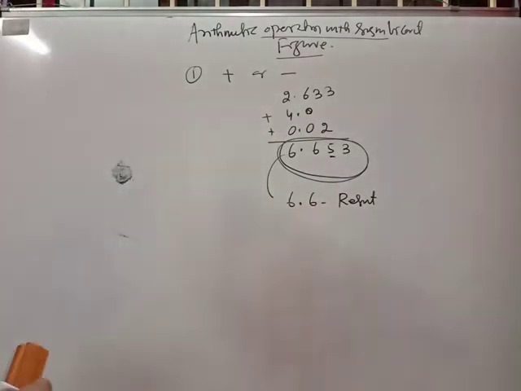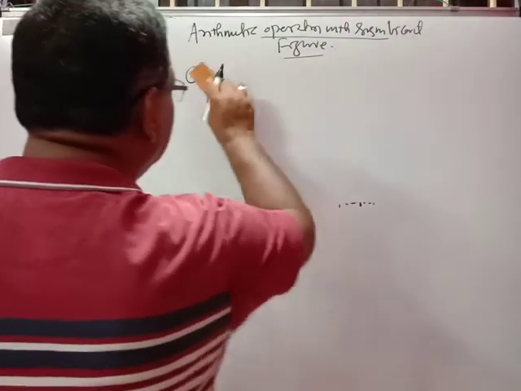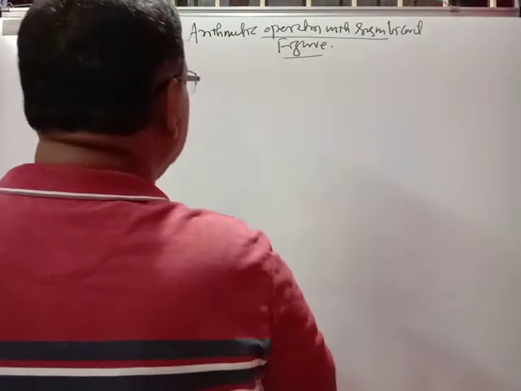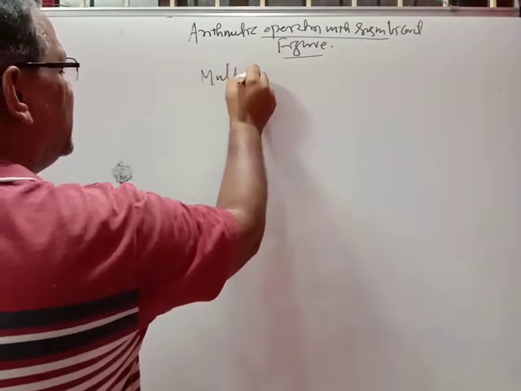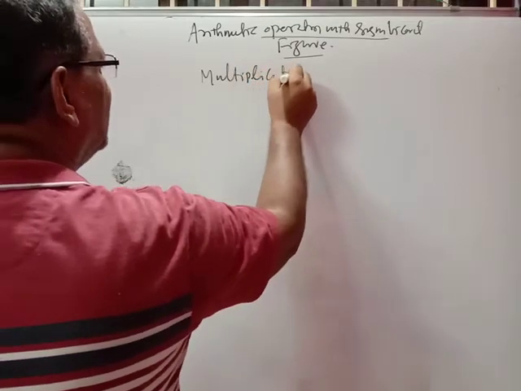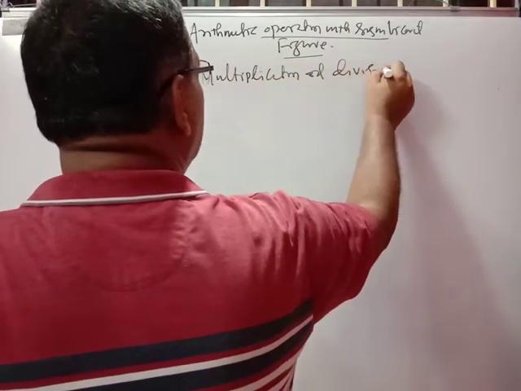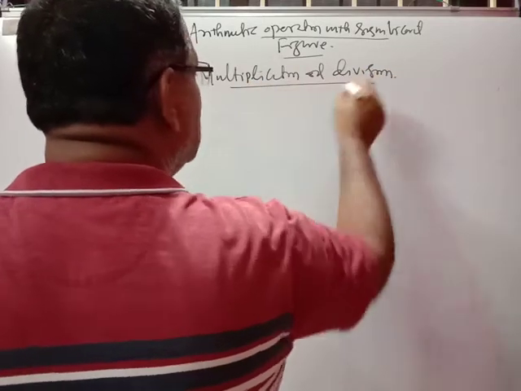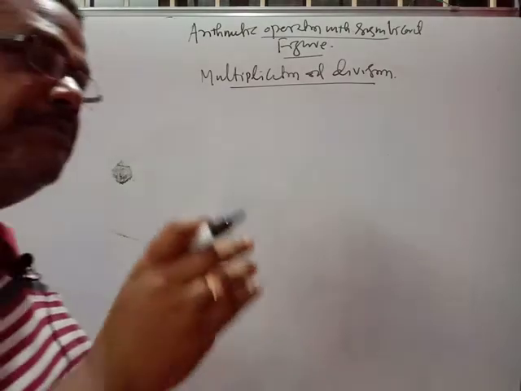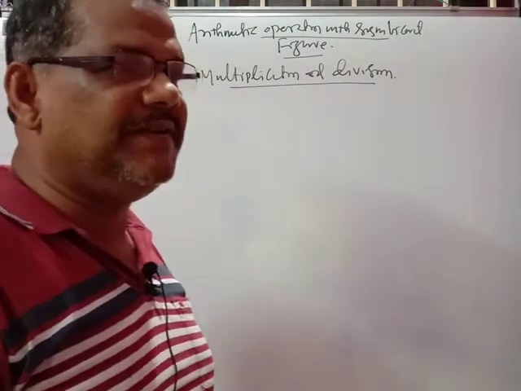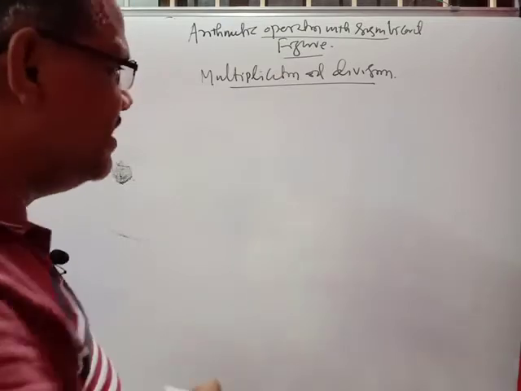In case of multiplication and division, what will happen? The result which will be obtained will attain the minimum number of significant figures of the individual numbers.